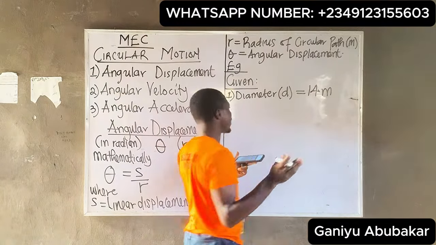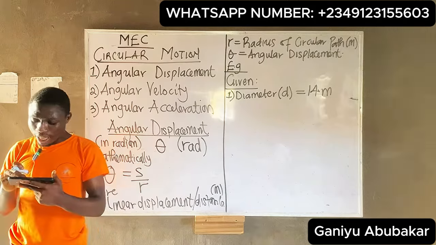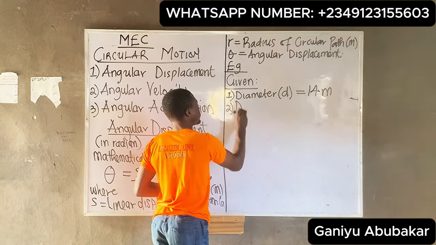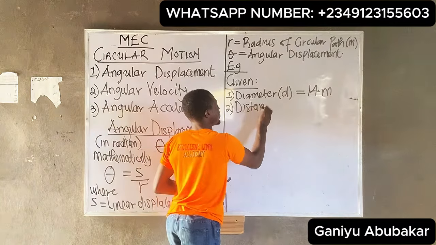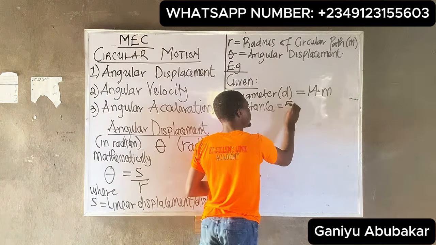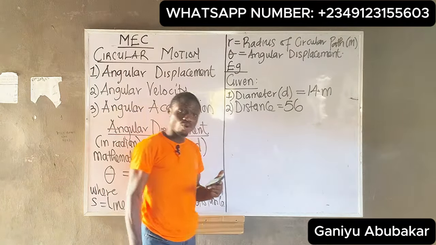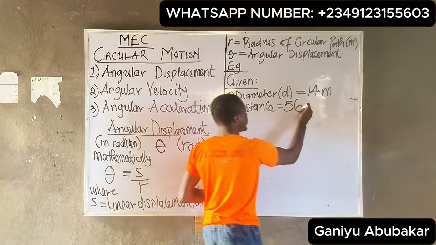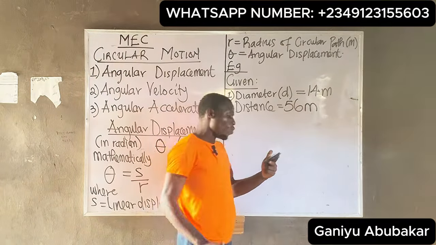No problem. What next? Number two, distance. What's the value for distance? 56 meters, please. Are we good, please?